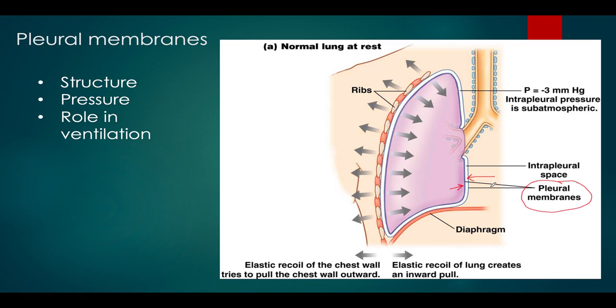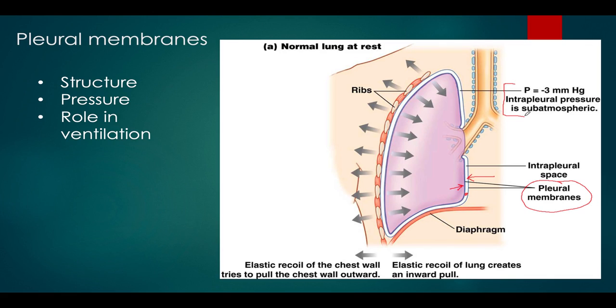Again, I'm being redundant here, but it's because of the surface tension created by that pleural fluid between the visceral and parietal layers, as well as the negative pressure in that intrapleural space. That negative pressure is like a vacuum, so the lung is sort of sucked up against the wall. And it's kind of odd, but that negative pressure is generated by the fact that these two surfaces are actually pulling away from one another, which would tend to make you think they're going to pull apart.